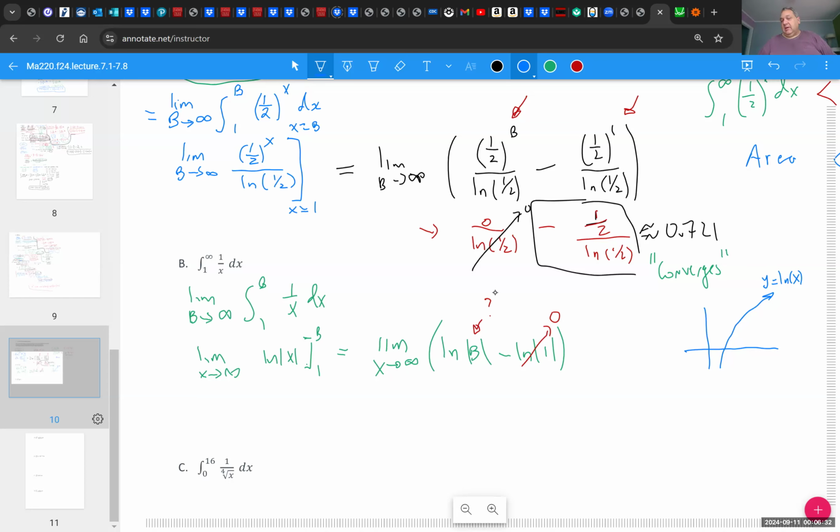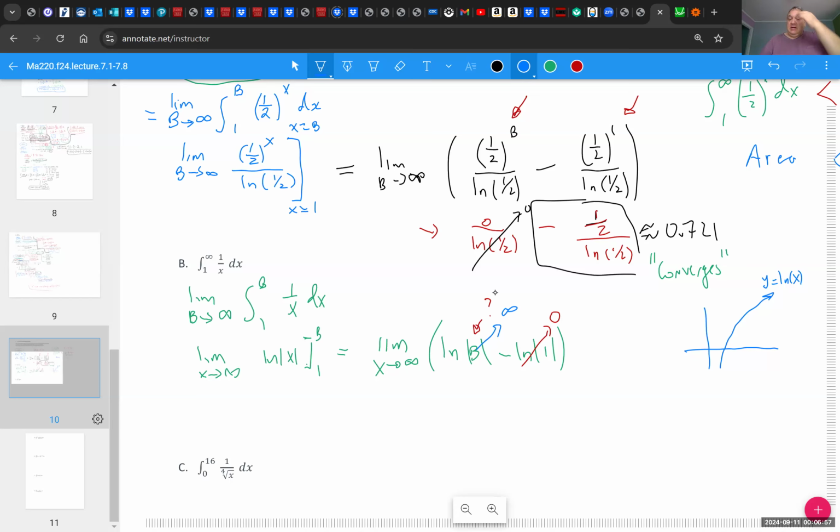It goes up in a concave down way, but it never reaches a peak. It never goes down. It just keeps going up and up. And so ln of x gets bigger and bigger as x gets closer and closer to infinity. So this thing here tends to infinity. Ln of an infinitely large number is an infinitely large number.